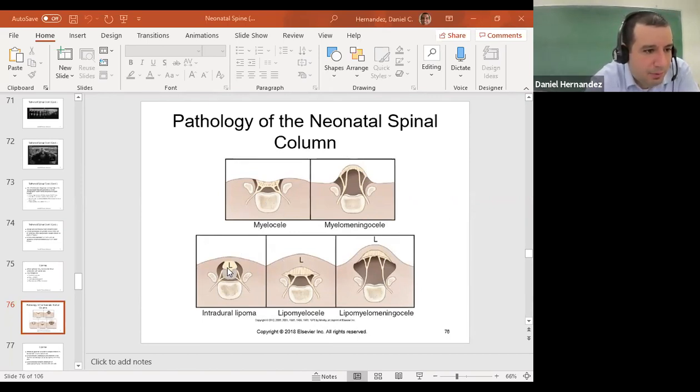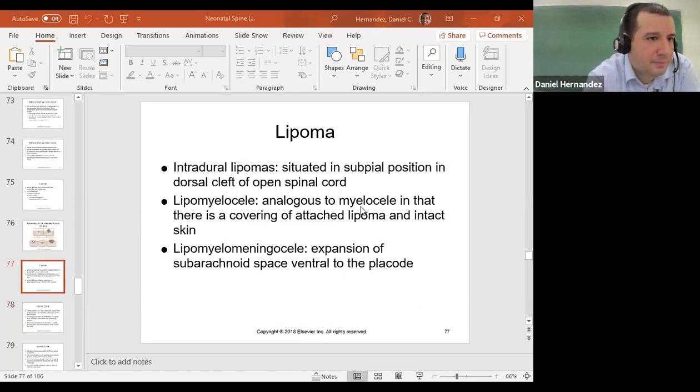So L is the lipoma. So this is an intradural lipoma. Lipomyelocele, lipomyelomeningocele. So intradural lipomas are situated in the subpial position in the dorsal cleft of the open spinal cord.